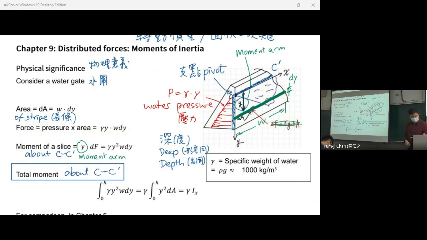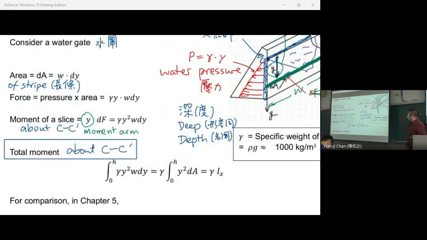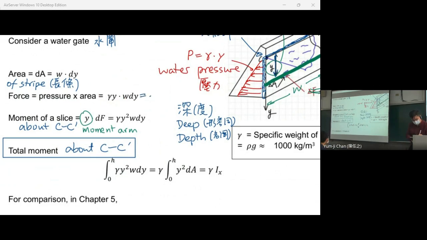The force itself is gamma y times W dy, and this is equal to dF. Moment is moment arm times force, of course a small force. So we have y times dF, which is equal to, with this one times y, y squared here.